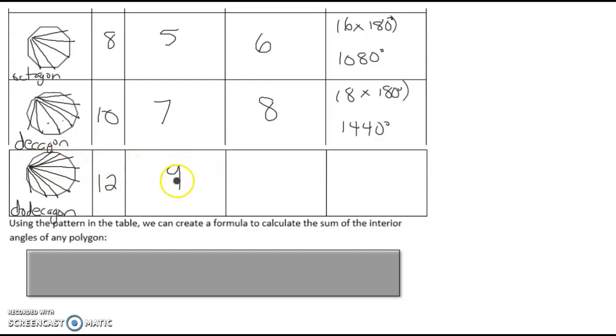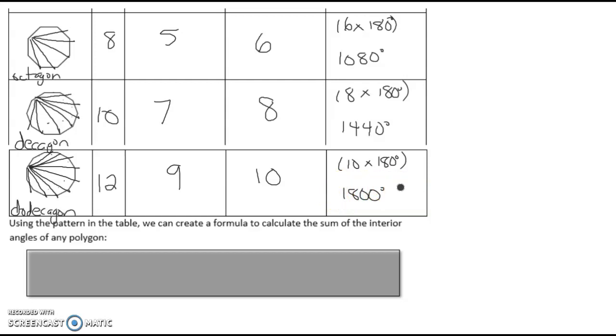So I just did 9 lines, and that means I have 10 triangles. Okay, and now that means 10 triangles times 180 degrees for each triangle. We now have 1,800 degrees total inside of a dodecagon.